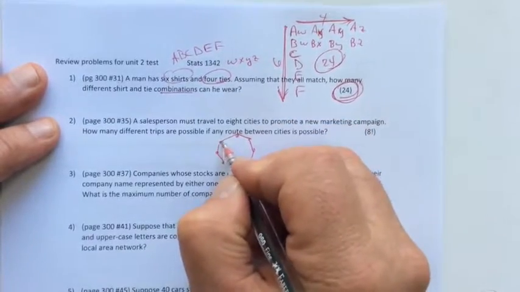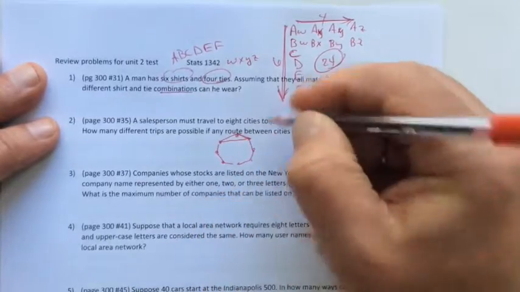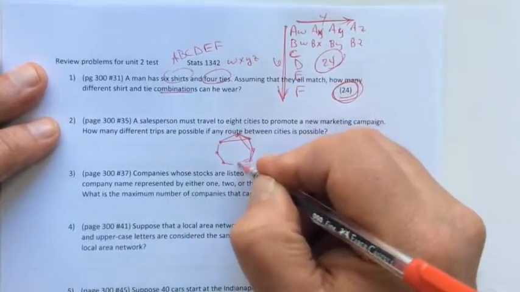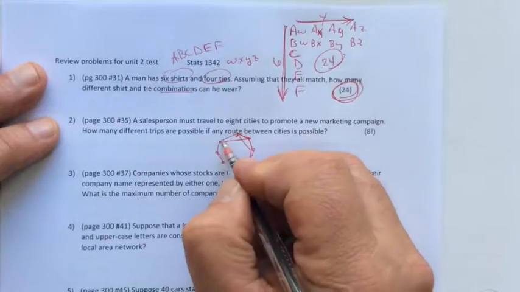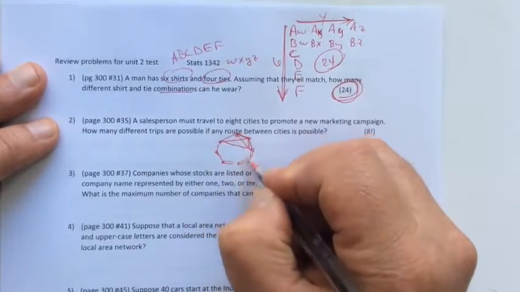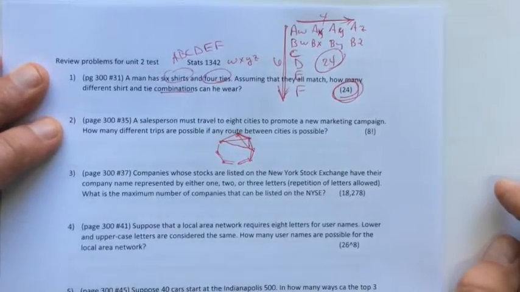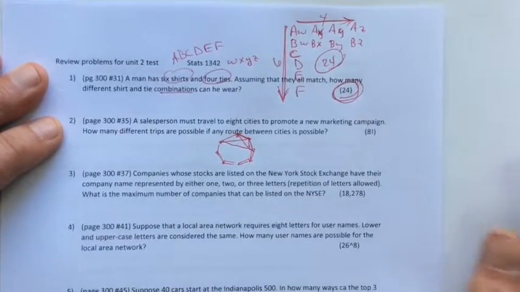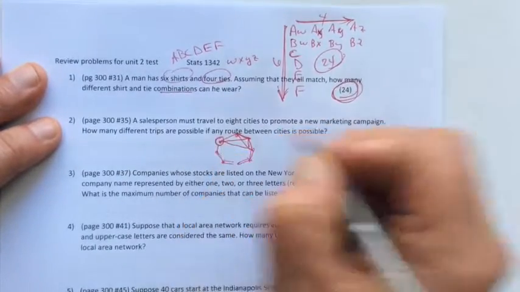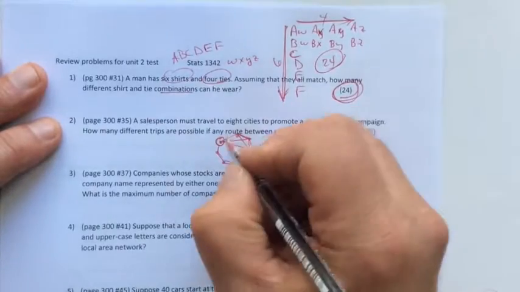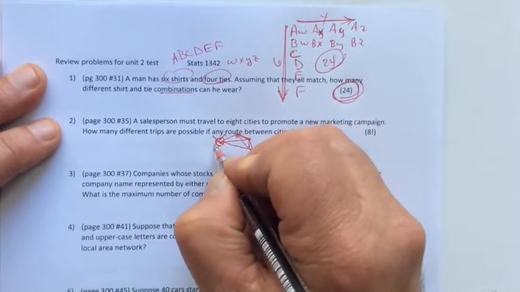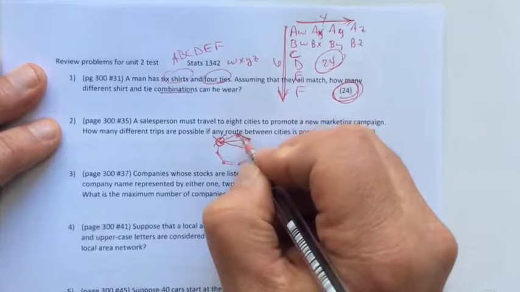Or he could go to this one first, and then that one, and that one. There are lots and lots of possibilities starting at this city. If we do all the combinations from that city, then there are 7 left.